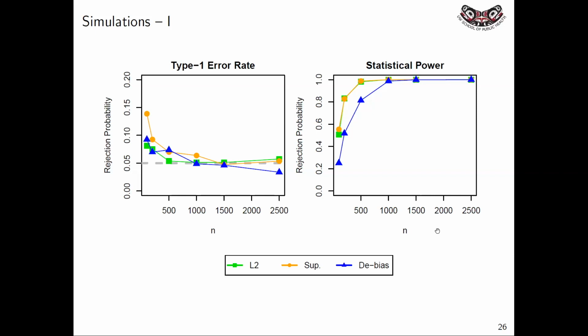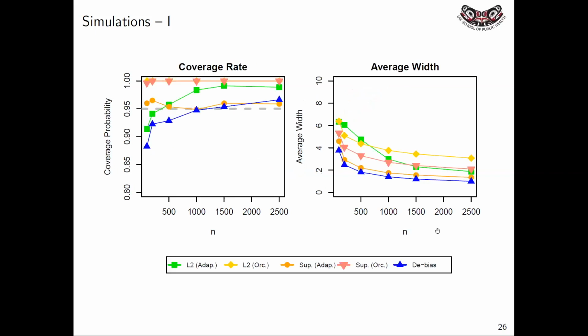The power seems to get close to 1 for all of them, but the sup-norm test has inflated type 1 error for small sample size, whereas the L2 and the debias-based approach have lower type 1 error for smaller sample size. That's what we see in this example.